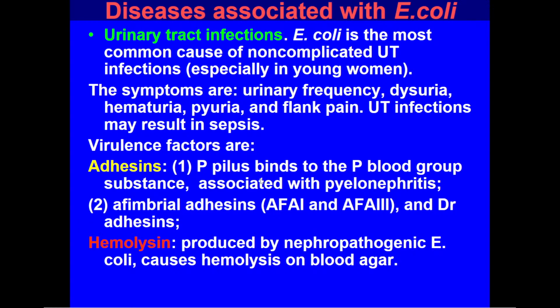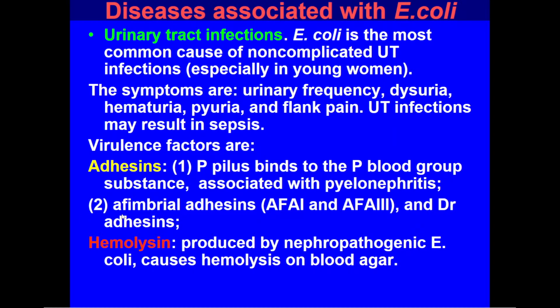This is the P pilus, a very special one that binds to the P blood group substance. Those E. coli that have this factor are able to produce pyelonephritis, because they move upward from the site of infection.